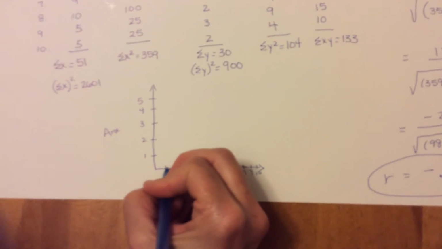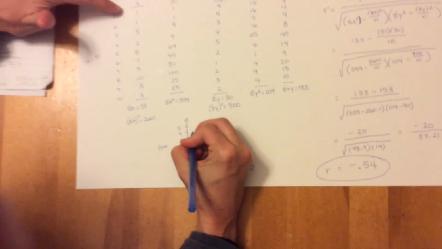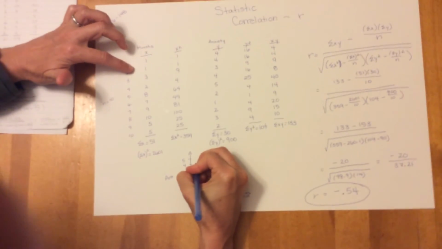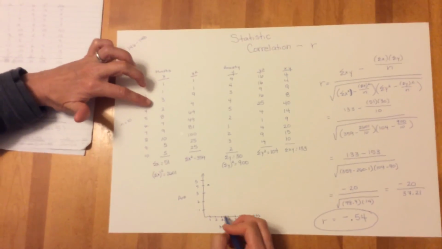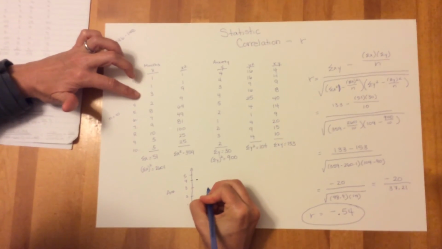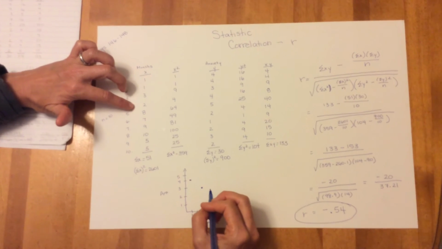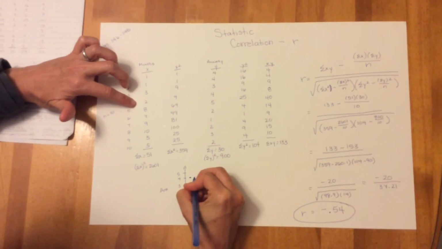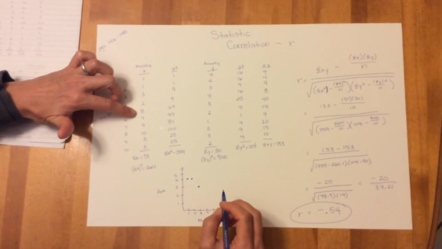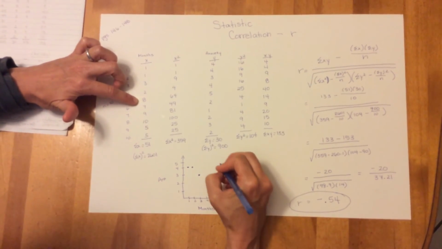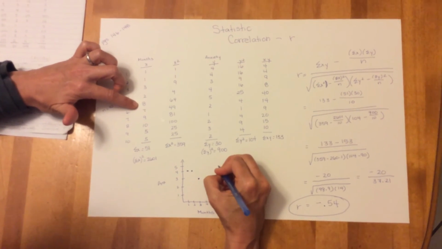And let's plot each of our participants and see how it looks. 1 month for anxiety. So 1 month up to 4 on anxiety. We had another person 1 month for an anxiety, so I'm just going to put them right there too. We had 3 months, 3 on anxiety. We had 2 months with a 4 on anxiety. 8 months of 5 on anxiety, so we're going to go 8 up to 5. Now that kind of goes against that negative correlation, doesn't it?